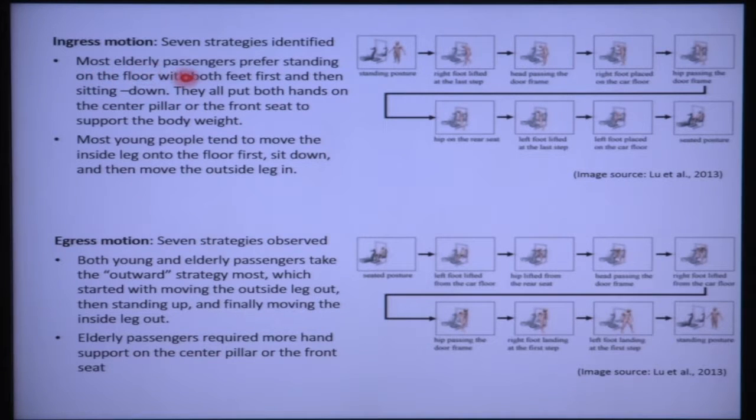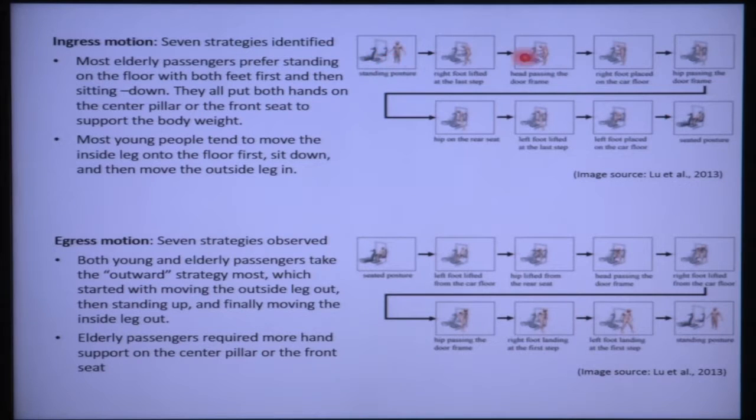Most elderly passengers prefer standing on the floor with both feet first and then sitting down. So, what they identified is that the elderly people's ingress strategy is actually different from young adults or adult people's ingress strategy.